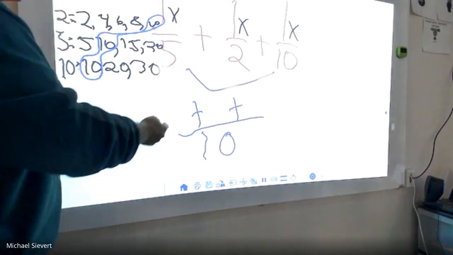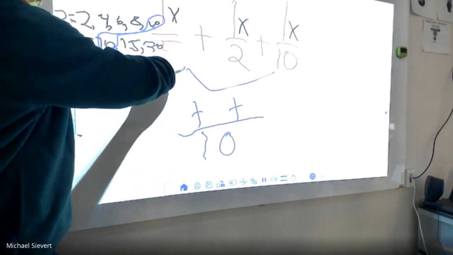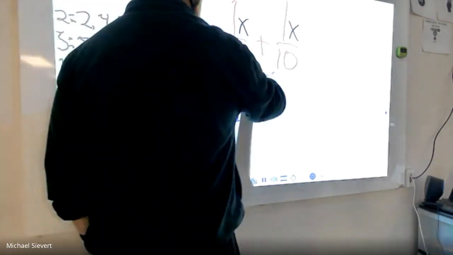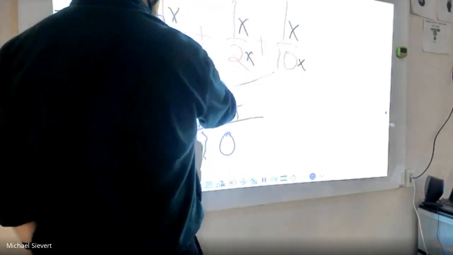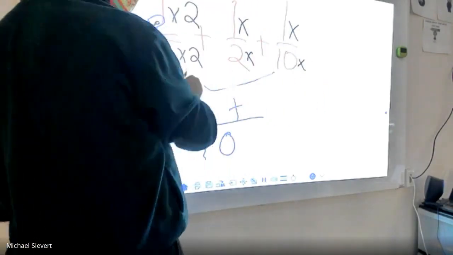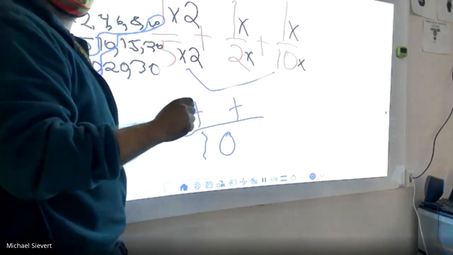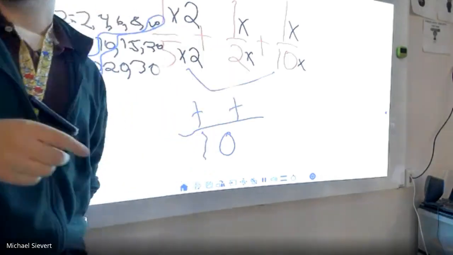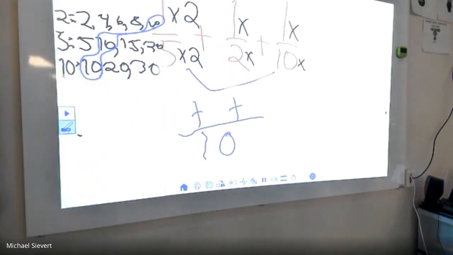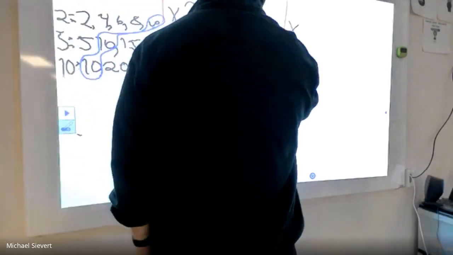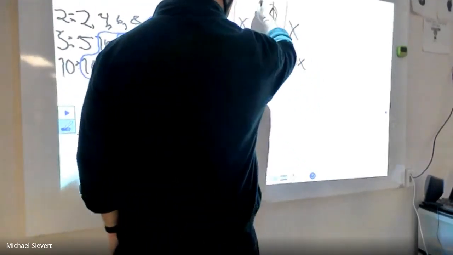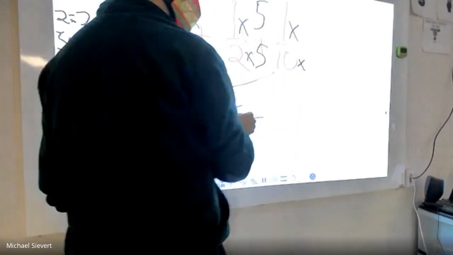So Jamarian, what did you multiply 5 by to get to 10? Okay, so that means 2 goes on top here to multiply. London, what do you multiply 2 by to get to 10? So you multiply 2 by 5, which means you multiply 1 by 5.